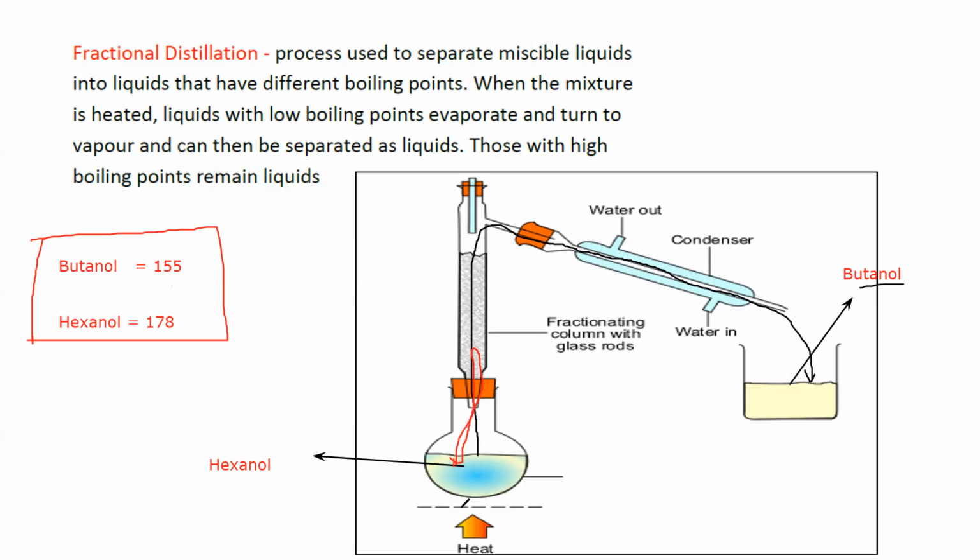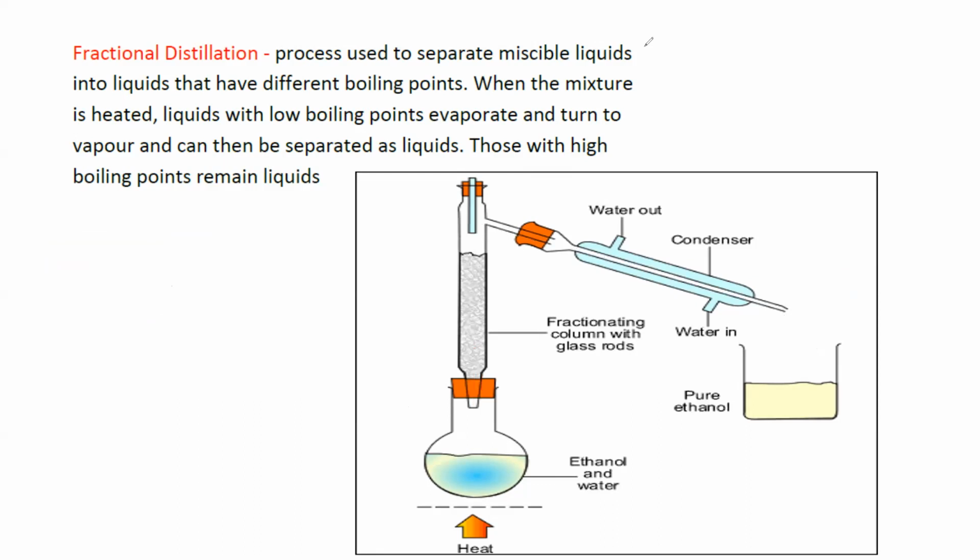How should we supply the heat energy? It should be an electrical heater. Why an electrical heater? Because with an electrical heater, it is not exposed to a flame, so it cannot catch fire. Is it clear? The separating techniques.